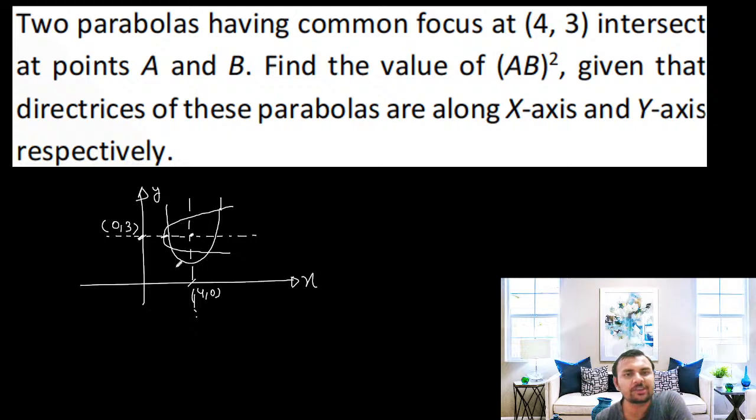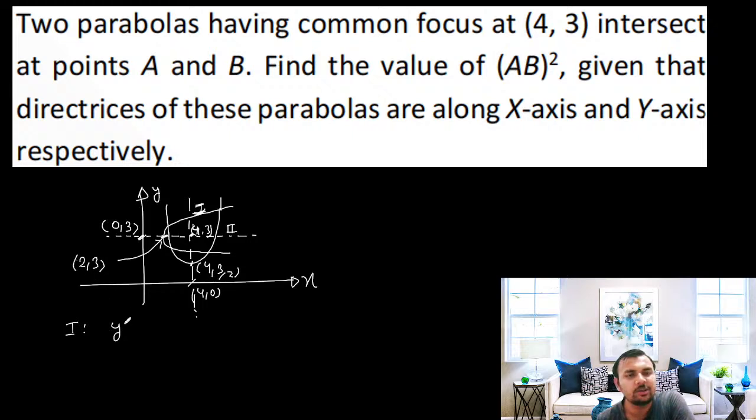So we can write the equation of the parabola. This is first, this is second. So the first one is y square. So the y midpoint is 4, this is (4, 3). So this point is (4, 3/2), and this point is (2, 3).